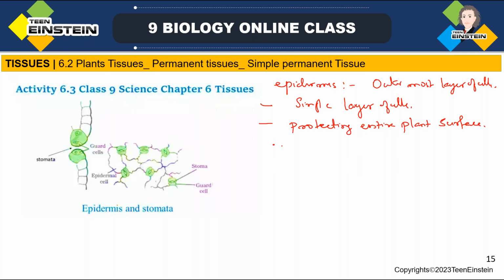So the aerial parts of the plant often secrete a waxy water resistant layer on the outer surface of the epidermis. So that is giving protection against the loss of water, mechanical injury, and microorganisms going inside.